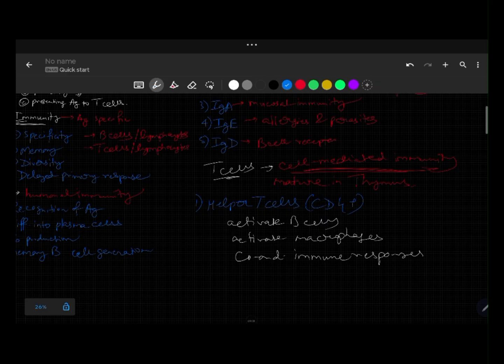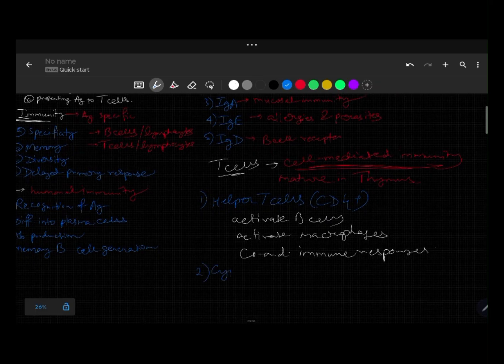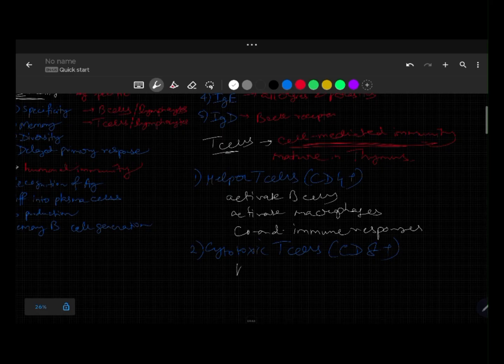Next we have the cytotoxic T cells, which are called CD8 plus. They mostly function to kill infected cells, and sometimes destroy virus infected cells also.